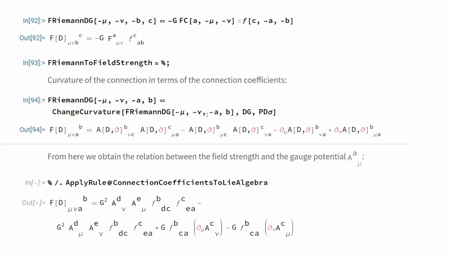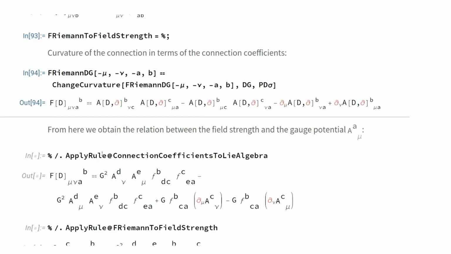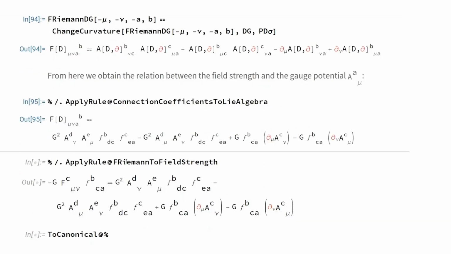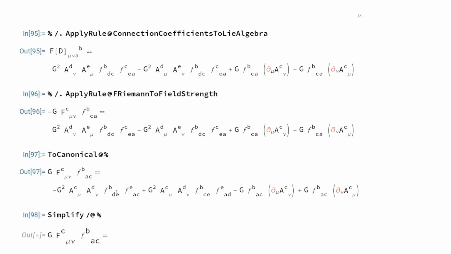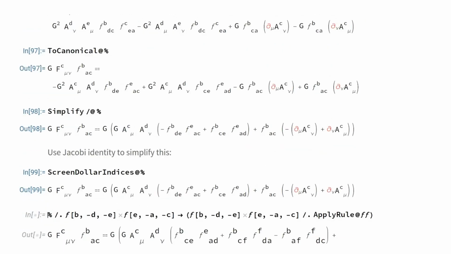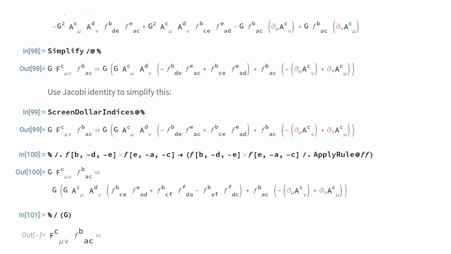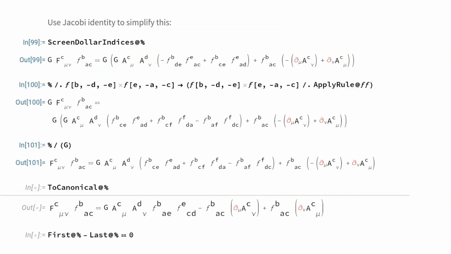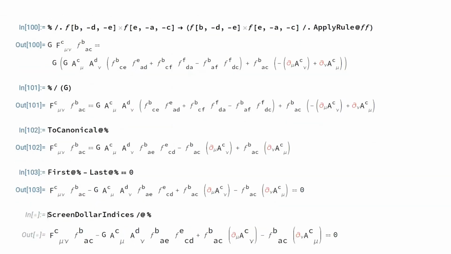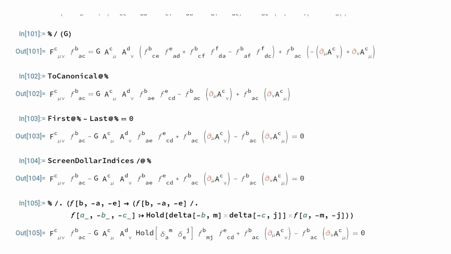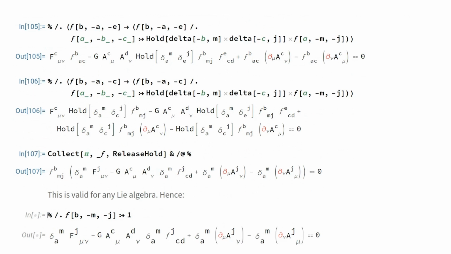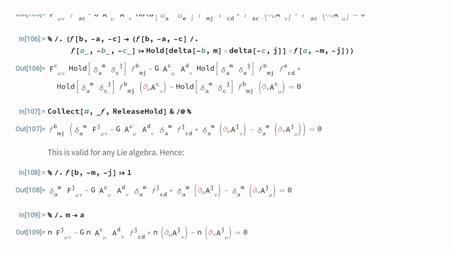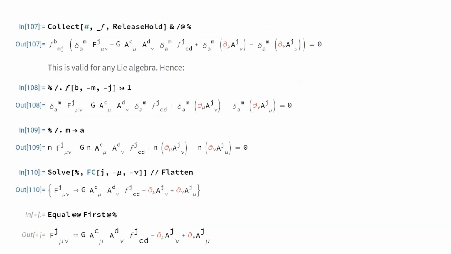So then I just obtain an expression. I'm just going to run the computation and explain at the end what this expression is. Well, this expression is again the relation between the field strength and the gauge potential that can be found in every textbook.